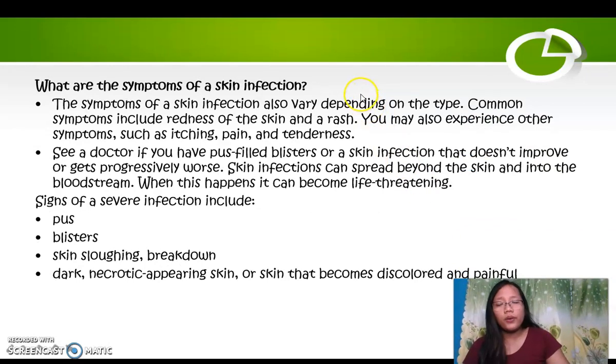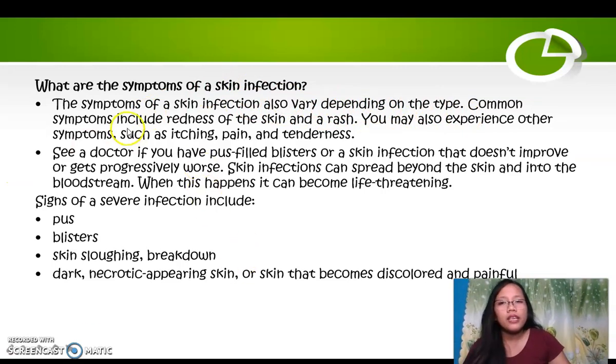What are the symptoms of a skin infection? This one is overall symptoms. The symptoms of a skin infection vary depending on the type.